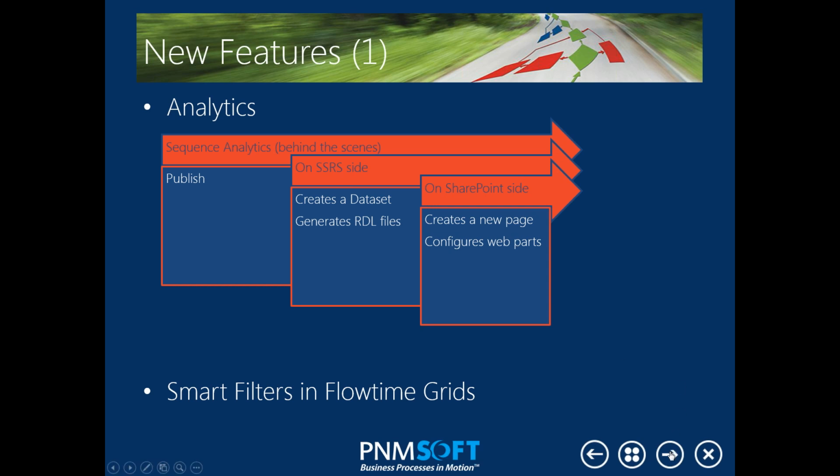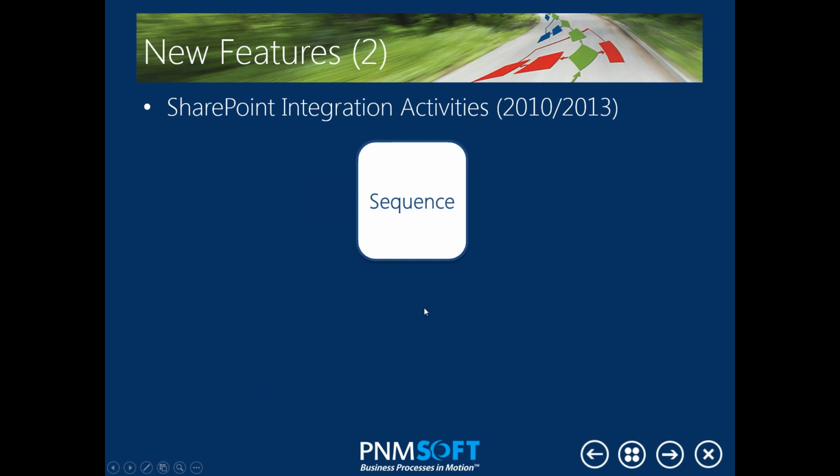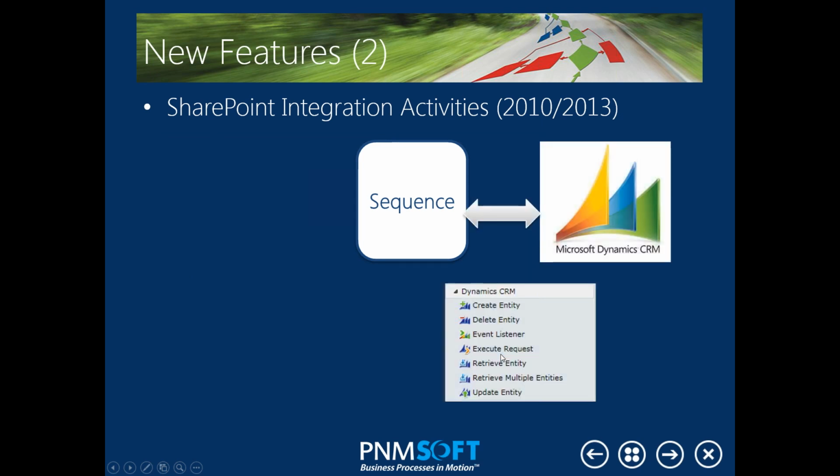Okay, let's continue to another key new feature that we have in 7.7. That would be the SharePoint integration. The SharePoint integration activities are something that we are very, very happy to present here. As you know, Sequence has been using CRM activities for quite a while.